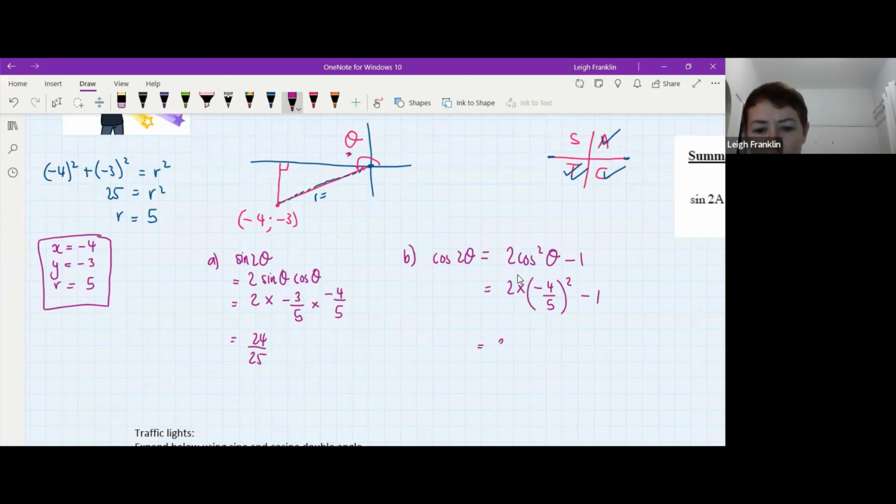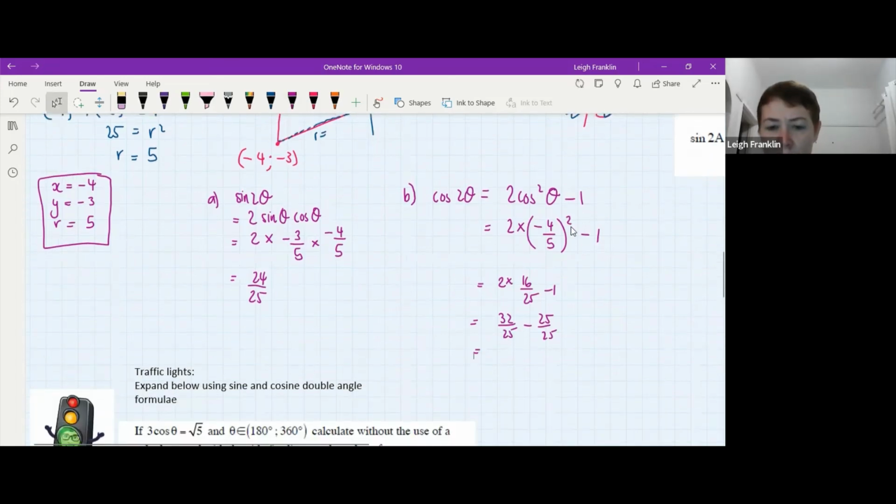So this would be 2 times 16 over 25 minus 1. So that gives us 32 over 25 minus 25 over 25. Sorry, I'm just doing this without a calculator. And that means we would be left with 7 over 25 if I haven't made any mistakes.